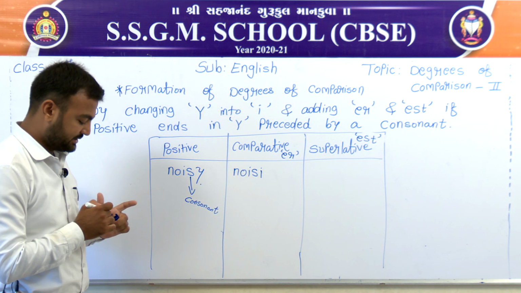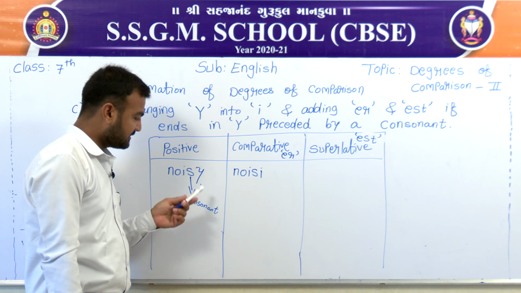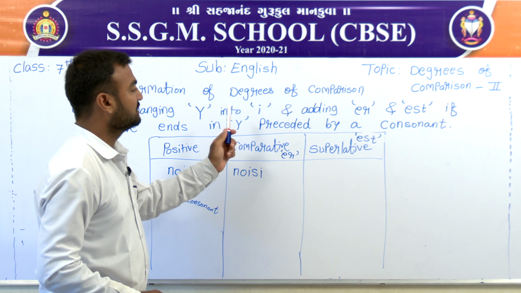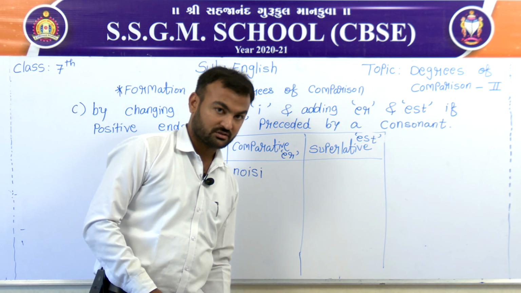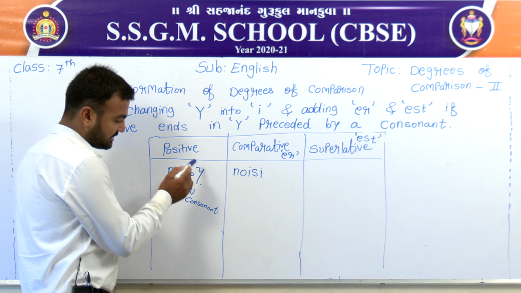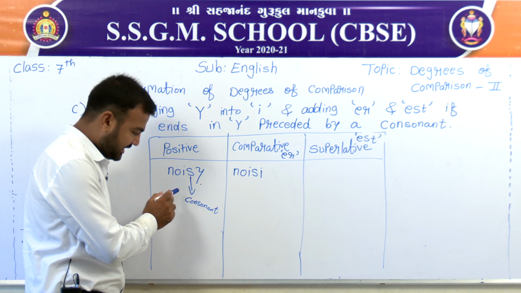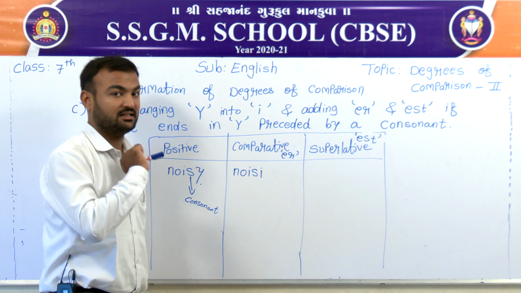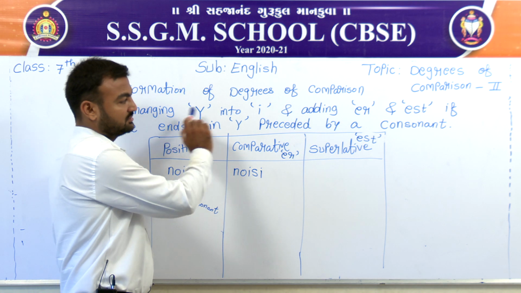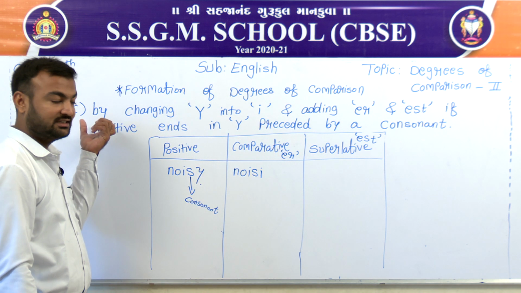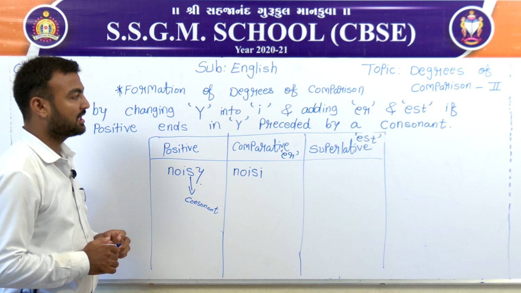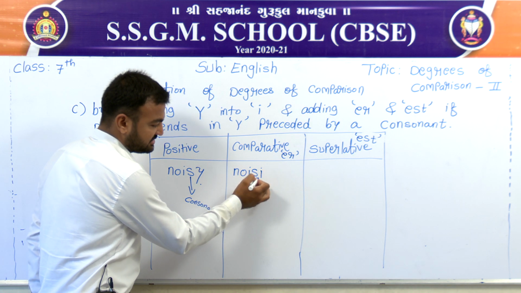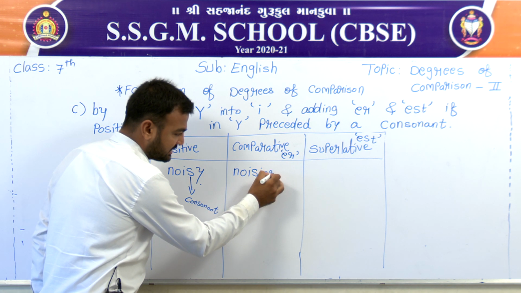But keep in mind that y changes into I only when y is preceded by a consonant. That means if the letter before y is a consonant, only then do we change y to I, otherwise not. This is a very important rule number 3 and C that we have to keep in mind. So over here we changed y to I and then ER.